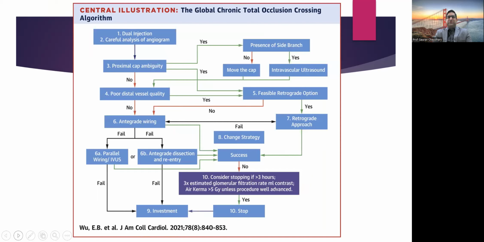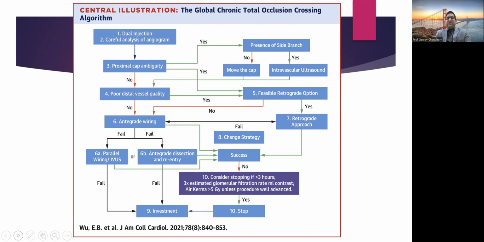This is the most talked about global CTO crossing algorithm. In this, dual injection analysis of the coronary angiogram is done. If there is no proximal cap ambiguity, then we can go with antegrade wire escalation. If there is an ambiguous cap and presence of a side branch, then of course IVUS would help. If our antegrade approach is not succeeding, then a retrograde approach should be taken.